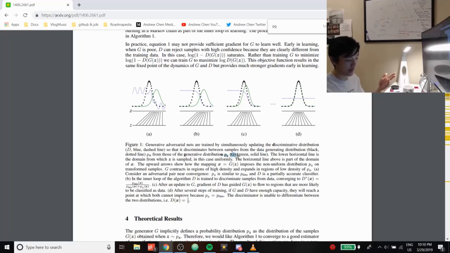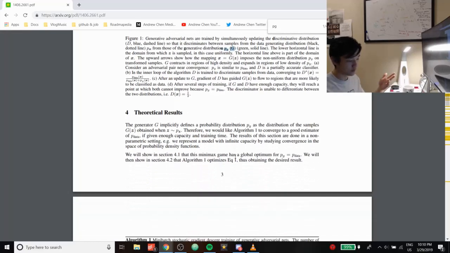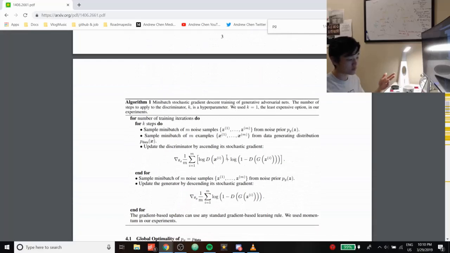For example, right here, when we look at log of D of x, I'm going to remember that D of x represents the probability of the input being the real input.